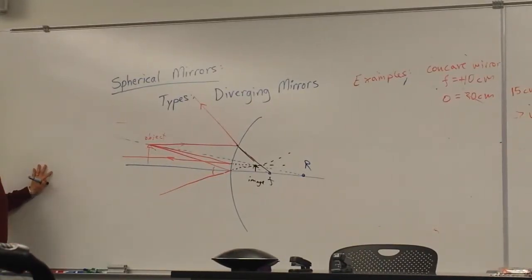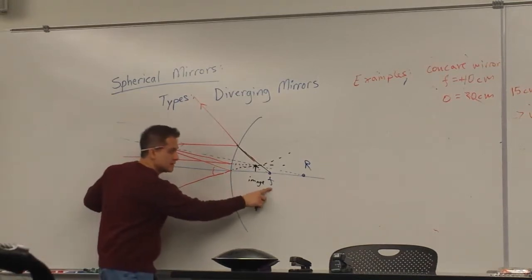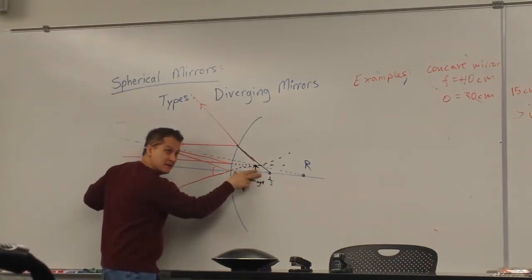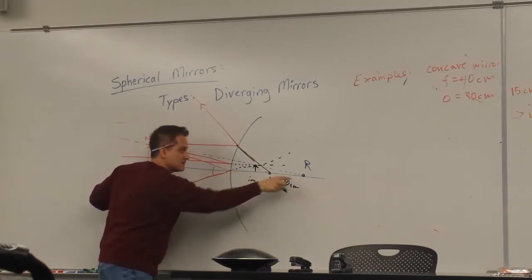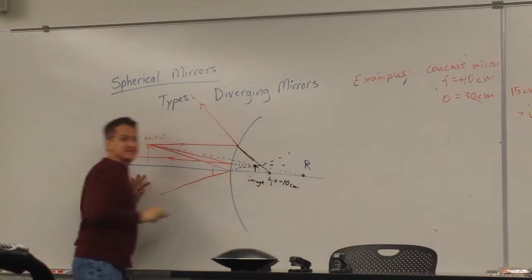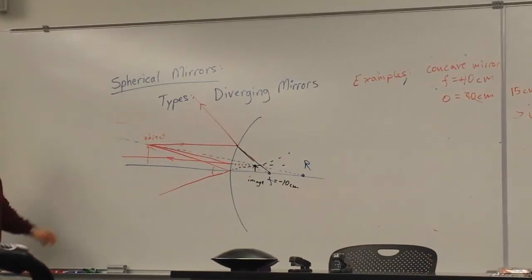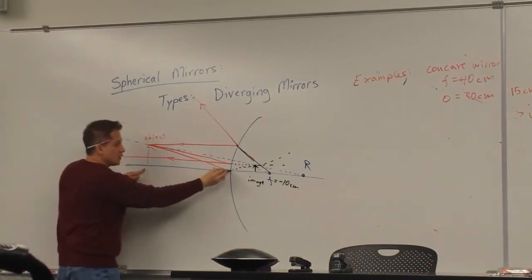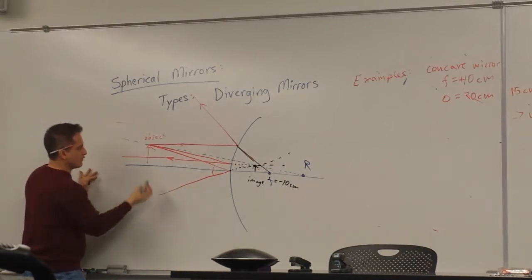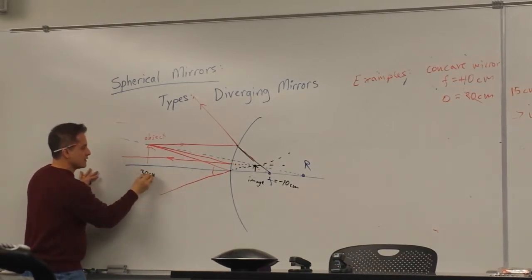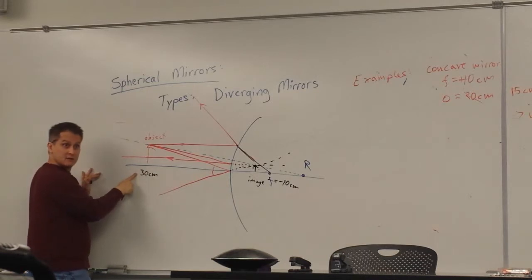Okay, so now let's do the calculation. If F happened to be 10, we would say F was negative 10 centimeters for radius of curvature in the virtual direction. We would have an object located at a distance of, just to be similar to what we had before, how about we make this 30 centimeters positive, as it's in the real space.